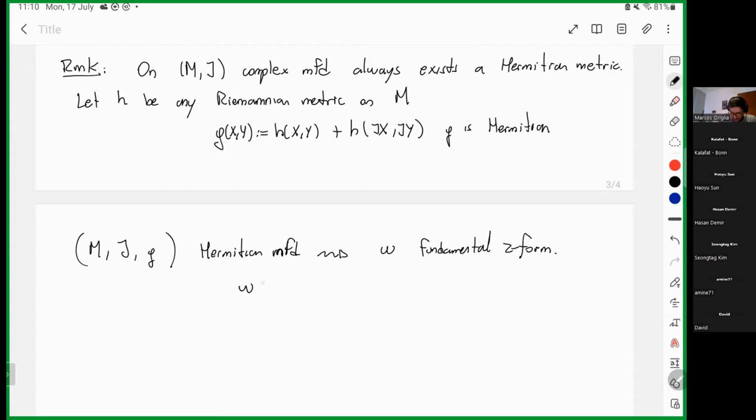It's just a two form defined by the metric and the complex structure. So that's the definition of the fundamental two form.